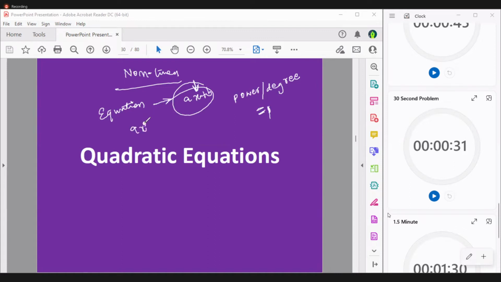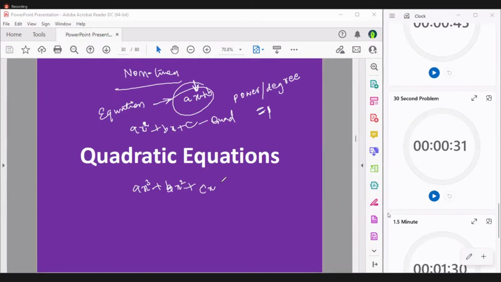However, when it starts from 2 and goes beyond, for 2 it is a quadratic equation. When the highest power of the variable is 3, it is a cubic equation. When it is 4, it is biquadratic. When it is 6, it is bicubic.